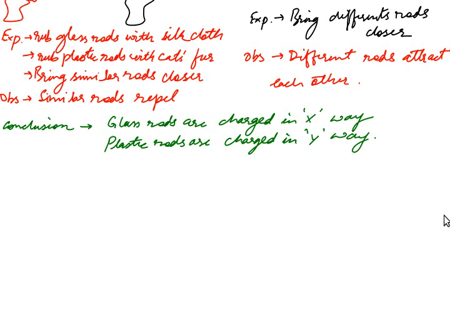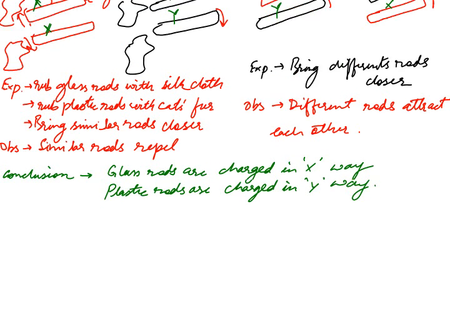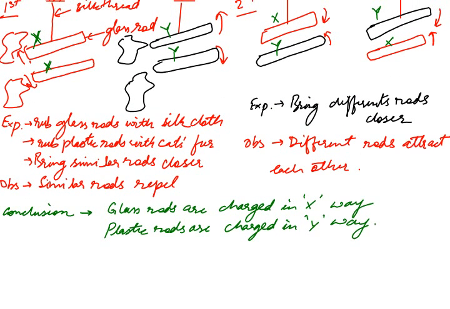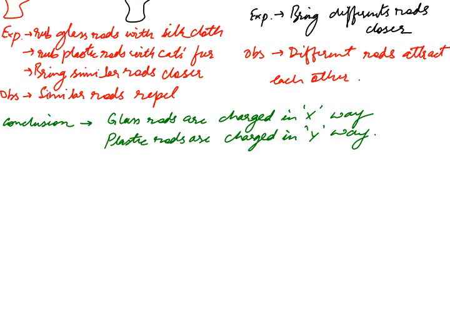Now I will do the third process. In the first and second processes, I considered rods only, brought the rods closer, and observed whether they attracted or repelled each other. But we also have the silk cloths and cat's fur. We haven't included them in our experiment.